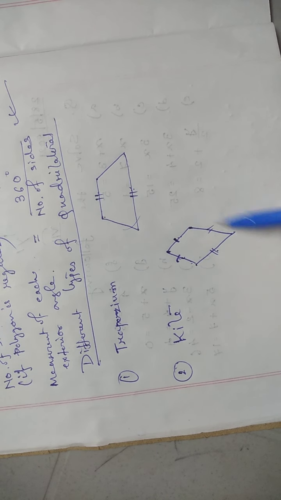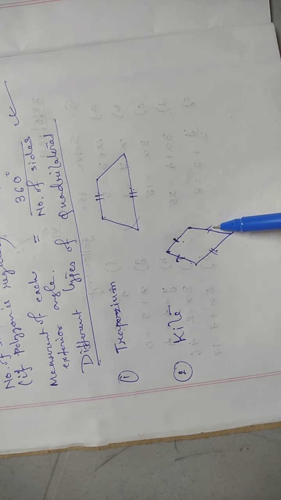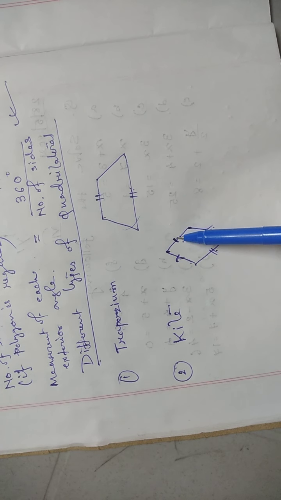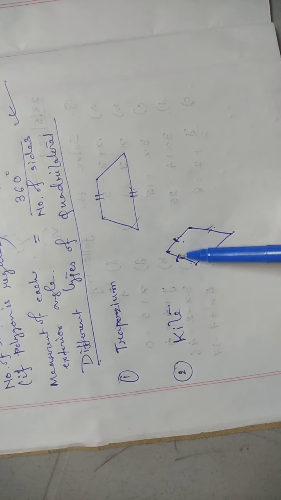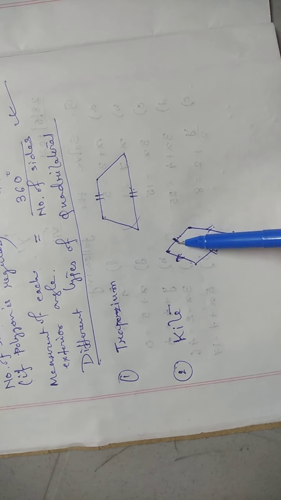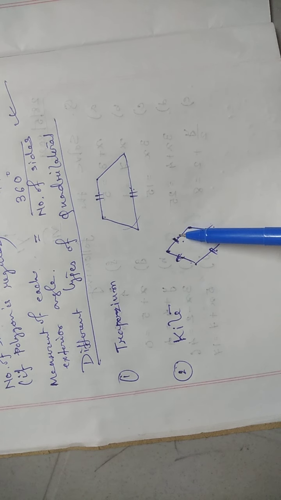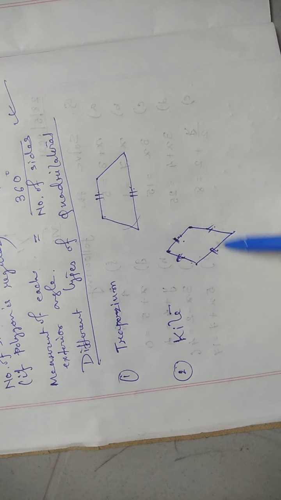Now see, the first property is that one pair of adjacent sides are equal. That means this is one pair and this is another pair. Two pairs of adjacent sides are equal. How many pairs of equal lines do you find? Adjacent lines, not the opposite, adjacent. Okay. So this type of quadrilateral is called a kite.